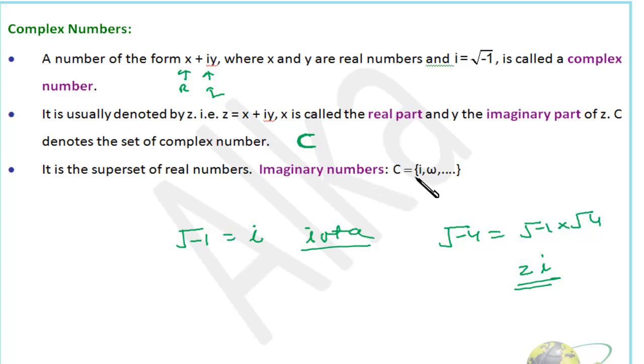Here we also have omega, where omega cube is 1. If we find the cube root of 1, there will be three numbers, and out of these three, 2 will be imaginary. We'll discuss all this in detail in our complex number session. Till here, I'm sure you are clear.